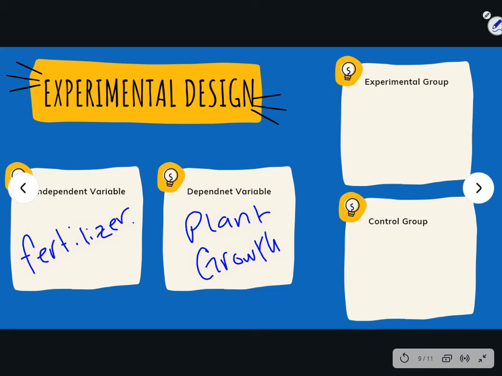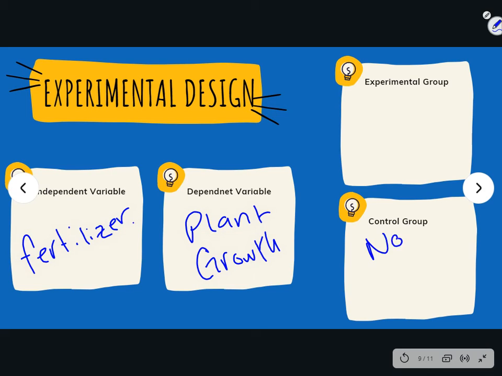Well, plant growth is what we're measuring. So if we're setting up an experiment, we've got a bunch of different plants, and we want to know if fertilizer will help it grow or shrink, right? So if we give all of our plants fertilizer, we have nothing to compare that to. Plants without fertilizer.